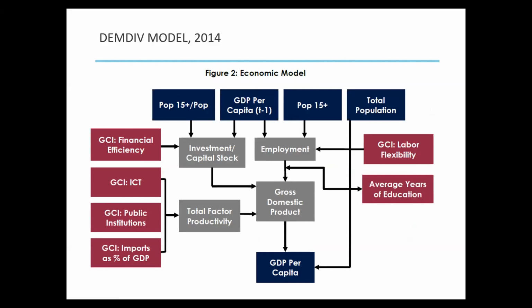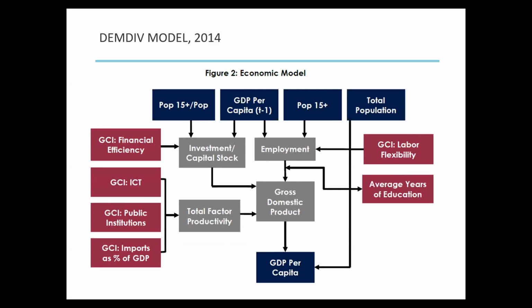I don't want to go through all of the economics of the model, and you probably don't want me to either. So I'll just say that there are many resources available on the demographic dividend model and the methodologies. But to say here that you can create different scenarios in this approach by changing the blue boxes on the top, you can have changes in the population age structure, the total population.